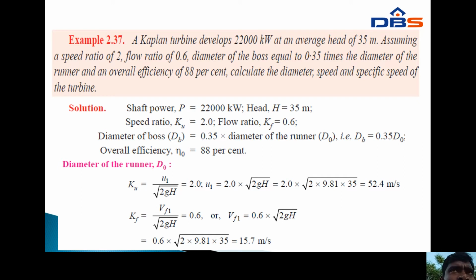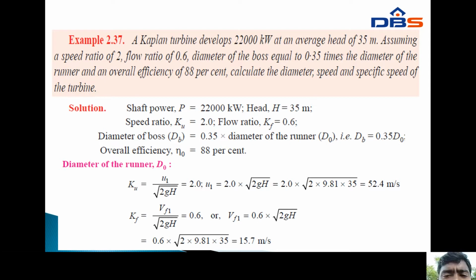First of all, write down the given data. The shaft power P equals 22,000 kilowatts, head H equals 35 meters, speed ratio Ku equals 2.0, and flow ratio Kf equals 0.6. The speed ratio symbol is Ku and the flow ratio symbol is Kf.